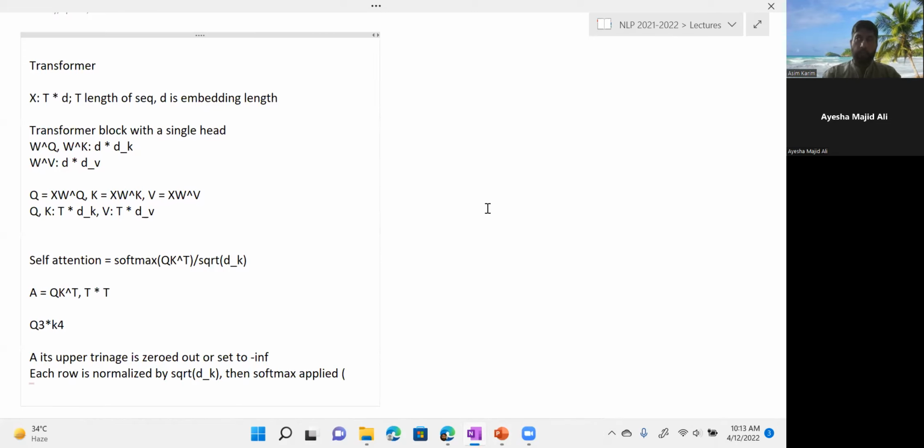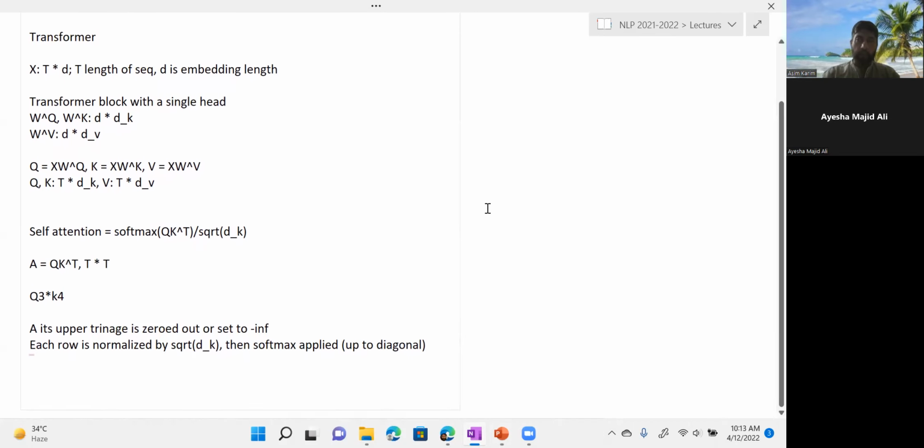Of course up to, not beyond the diagonal. So these are the alphas. So once you have the alpha, then you can compute the activation at each position, at any position i, as simply the weighted sum of the values weighted by the attention weights. What are those?